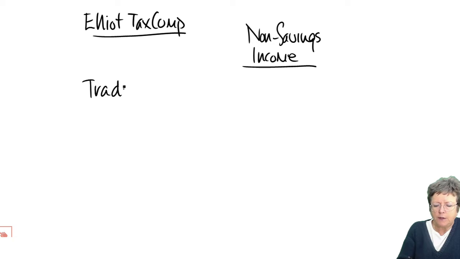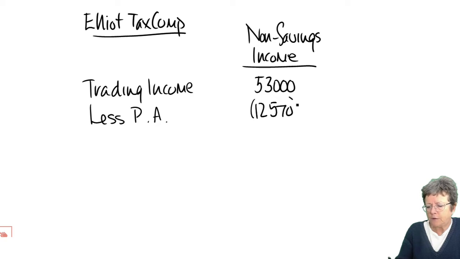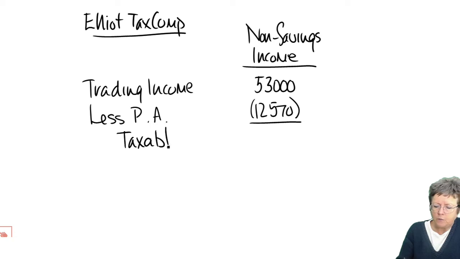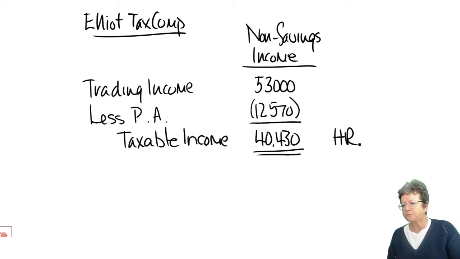His trading income is 53,000. Less his personal allowance of 12,570, giving him a taxable income of 40,430. Now that tells us straight away that he's a high rate taxpayer.